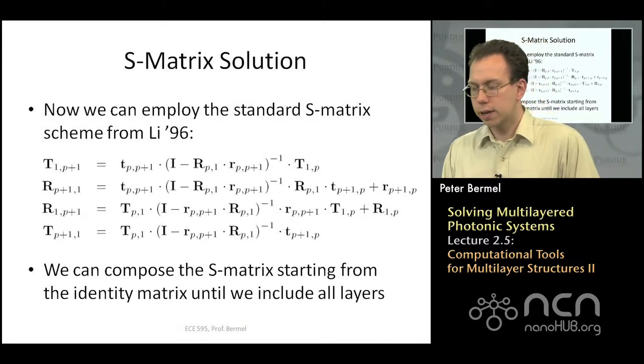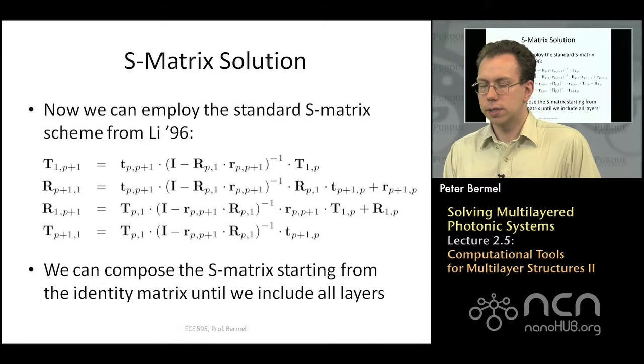So once we have the formulation set up like that, we can effectively use the standard S matrix scheme. This is essentially the same thing that we showed earlier for what the composed P plus 1th matrix element will be in terms of the Pth matrix element for the S matrix.